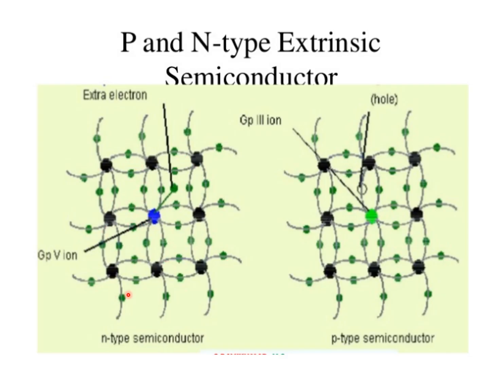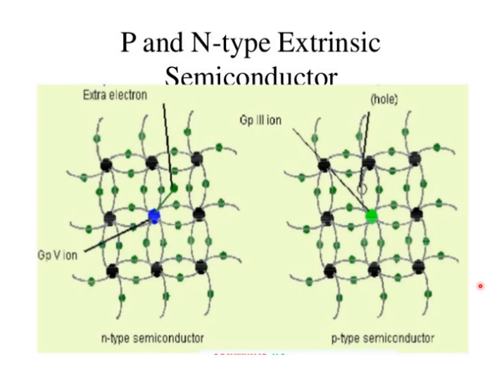These blocks are silicon, pure semiconductor. This blue dot is the fifth group element. It has one excess electron. This electron can easily move from the valence band to the conduction band to construct electric flow. So the electron is in excess. Majority charge carriers here are electrons. So this is the N-type semiconductor.